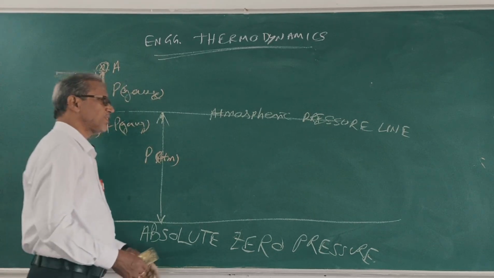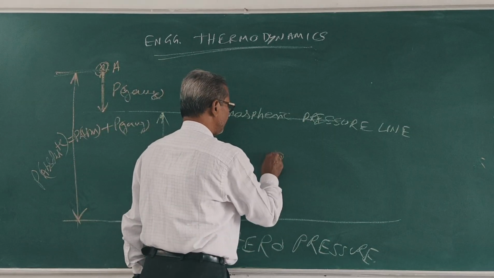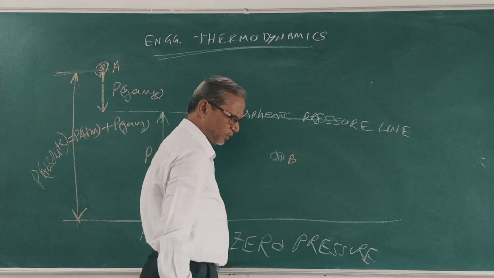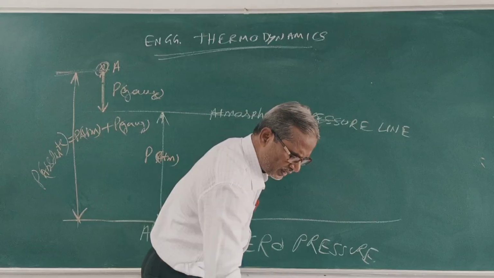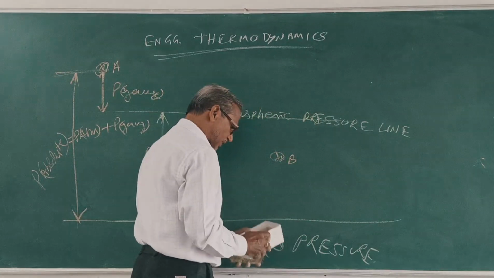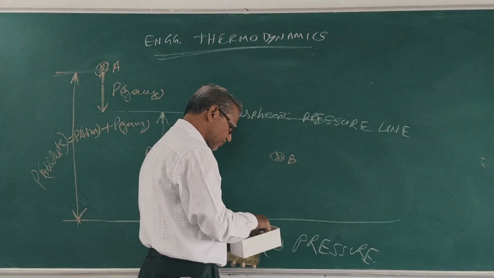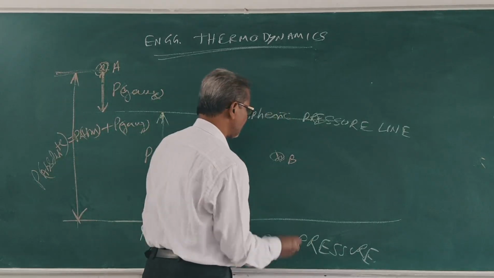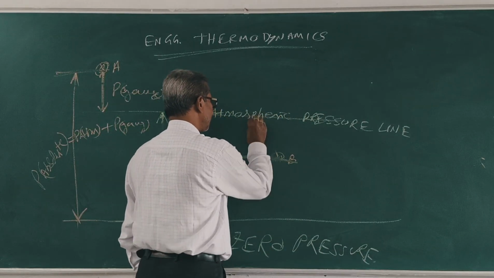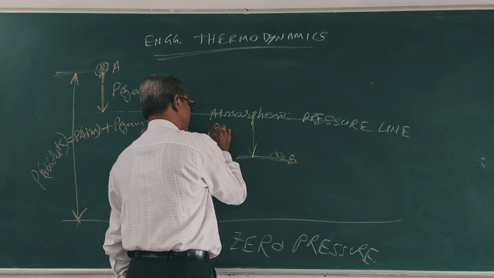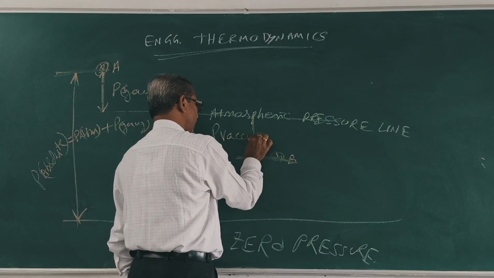Similarly, suppose this point is B, and this is vacuum pressure, P vacuum. Clear?